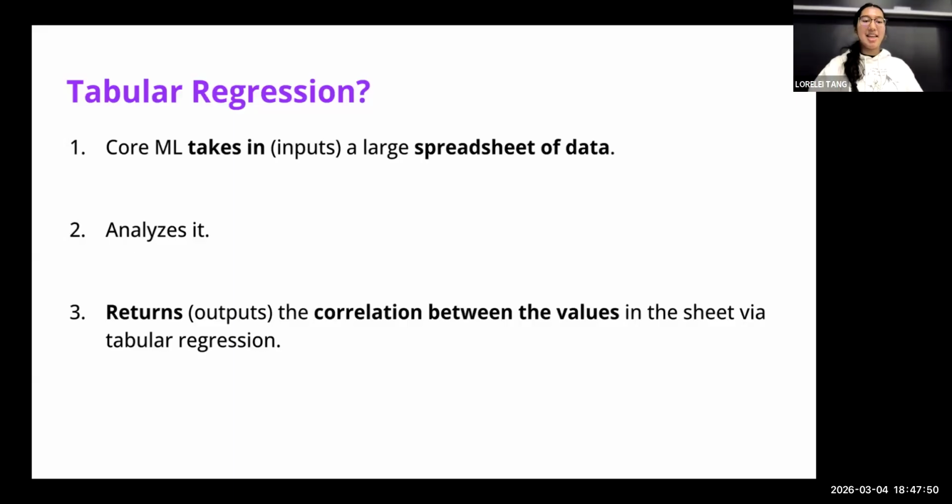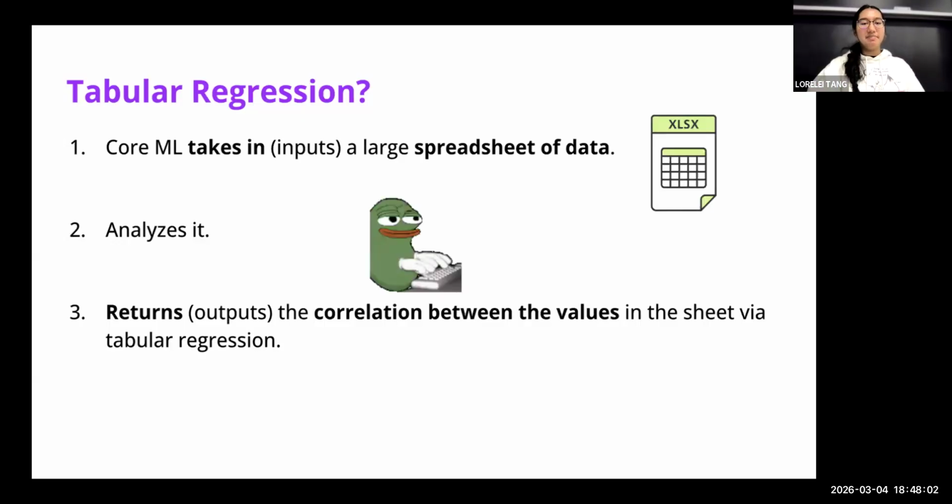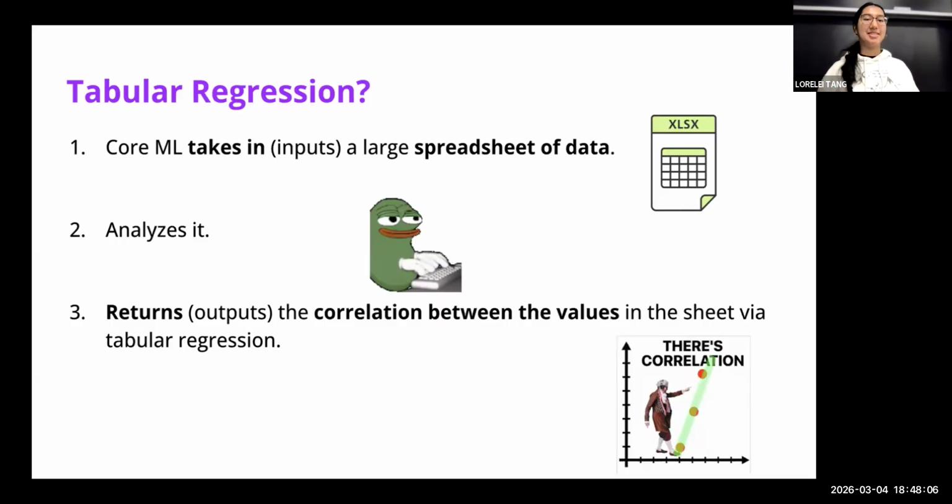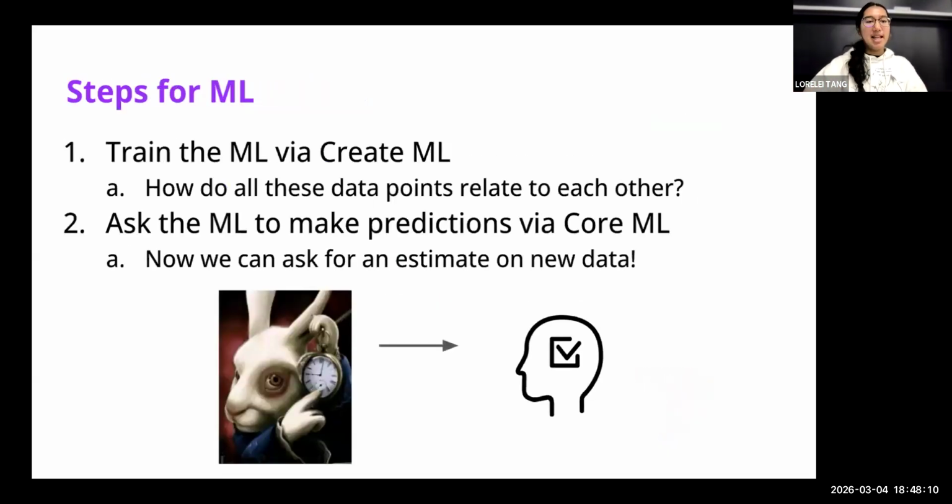It analyzes it, and then returns the correlation between the values. So why does X turn into Y? It just sums it up into like a function. And that's what tabular regression is. It's quite simple, and you don't really have to understand how it analyzes it because that's Create ML's job. You don't have to do that.